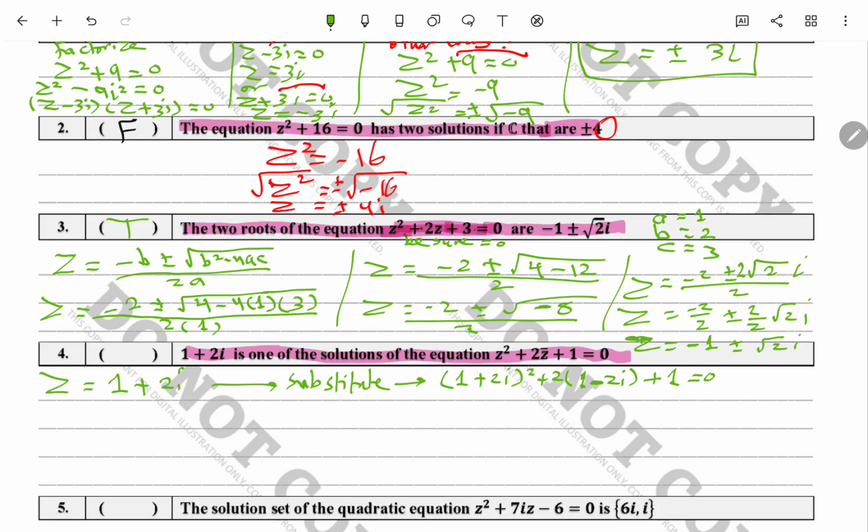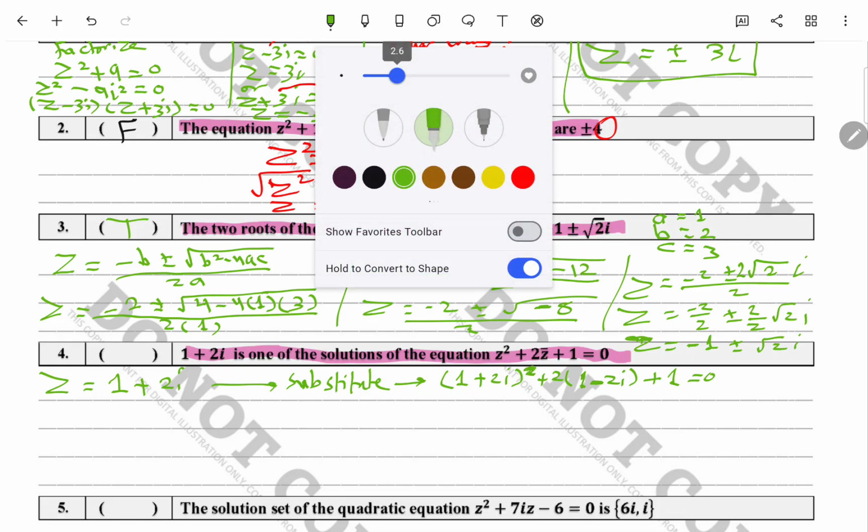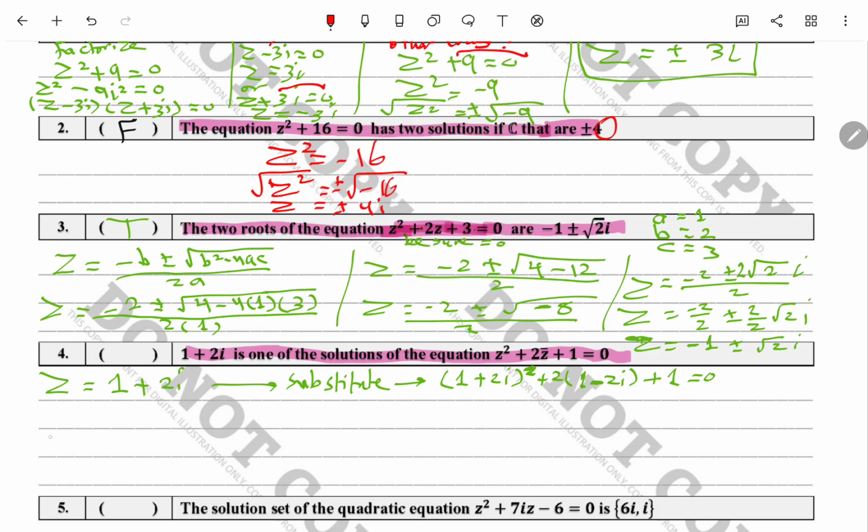I will expand this perfect square by using the perfect square rule. a plus bi all squared can be expanded easily by using a squared minus b squared for the real part, and plus, always between real and imaginary, 2 times the real times the imaginary part.